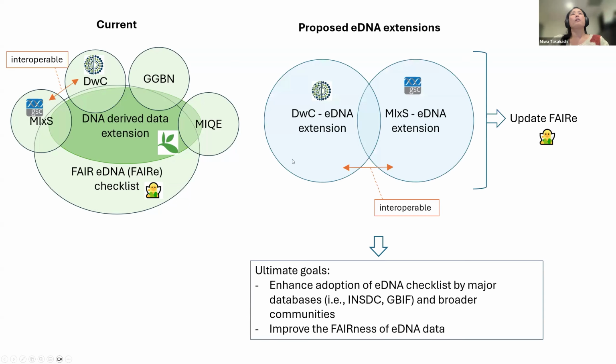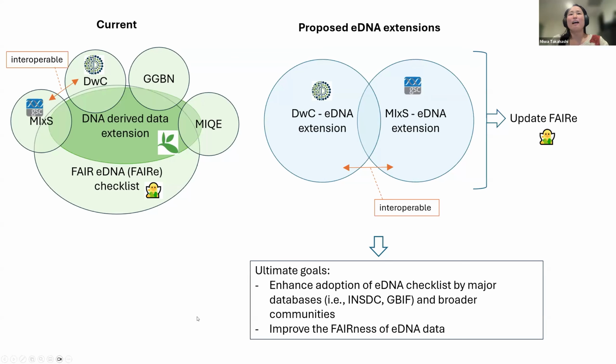What we want to do next is make some sort of eDNA checklist under Darwin Core, and we're also working with MIxS, so GSC. We're hoping that both of these would have a significant amount of overlap, and I'm sure they would, and that they are also interoperable. Based on this work, we also want to update FAIRY, but that's more my personal project thing.